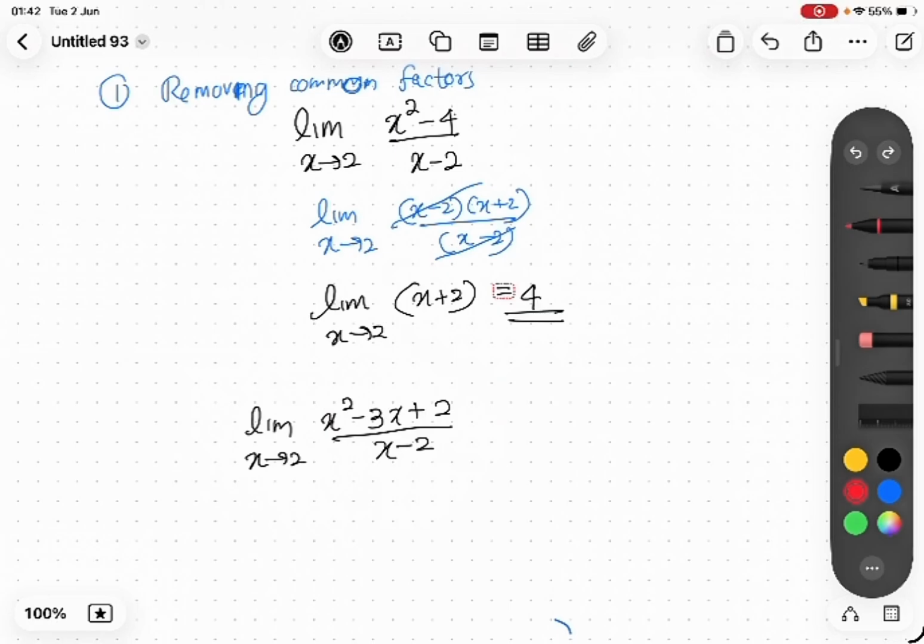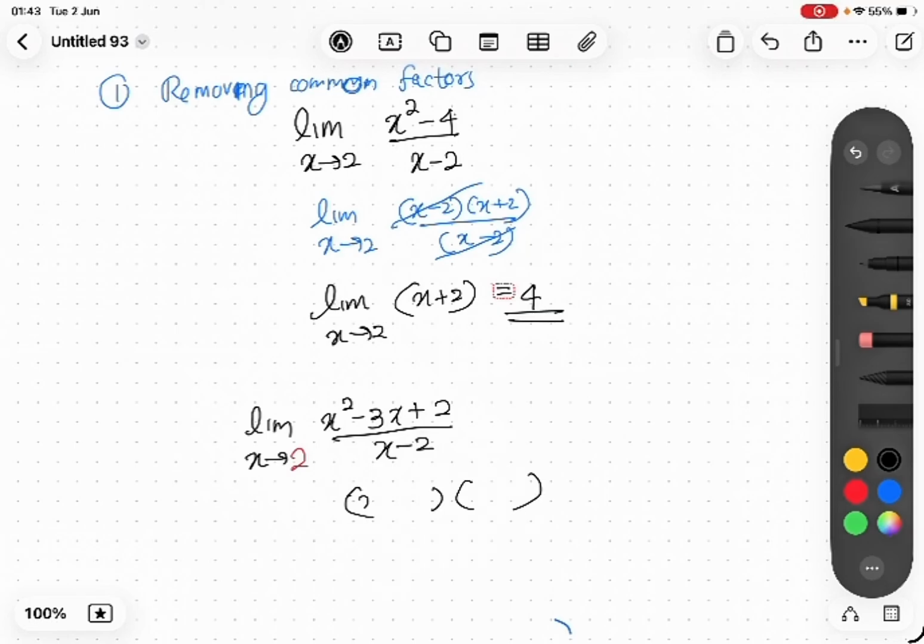When you get a fraction, check whether we can directly substitute and get the answer if you do not get any undefined conditions. But here, when you substitute 2, we get 4 minus 6 plus 2, so the numerator becomes 0, and the denominator, 2 minus 2, also becomes 0. Therefore, we will try to factorize this and remove the common factors.